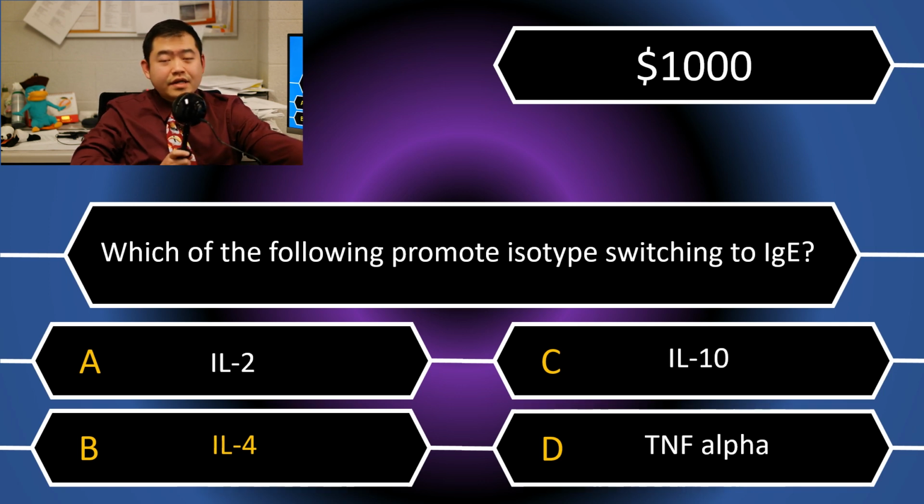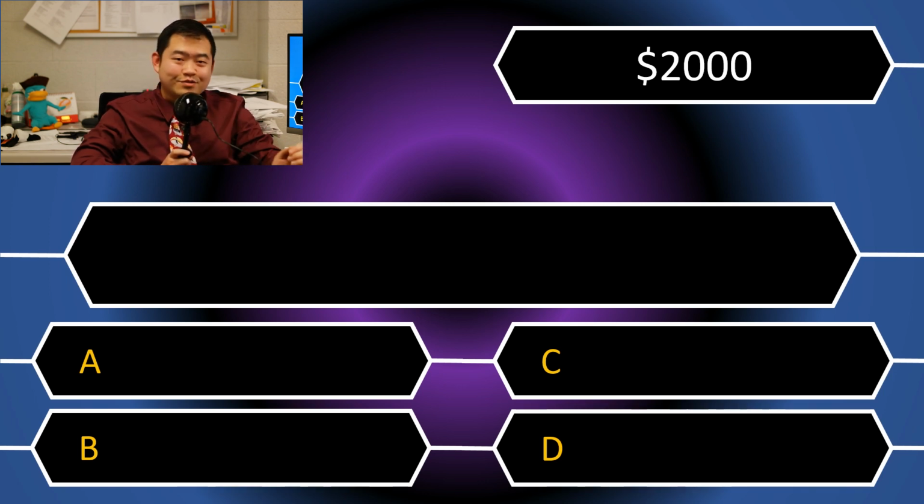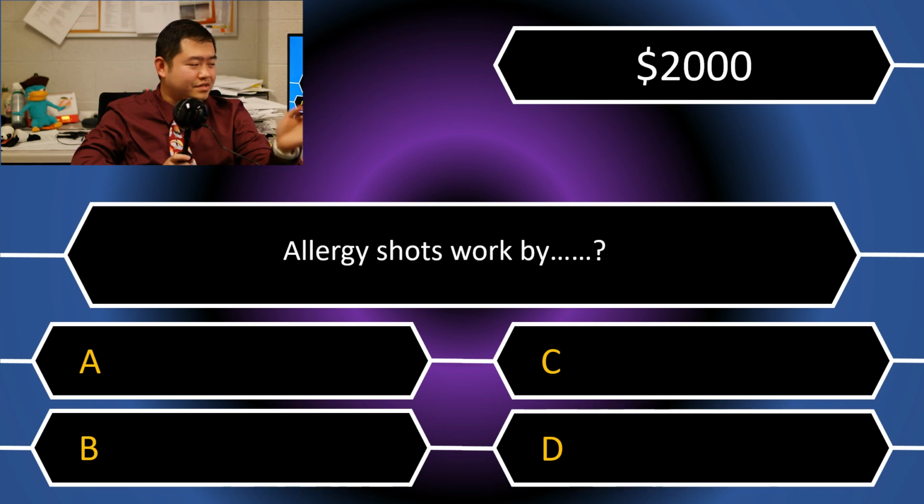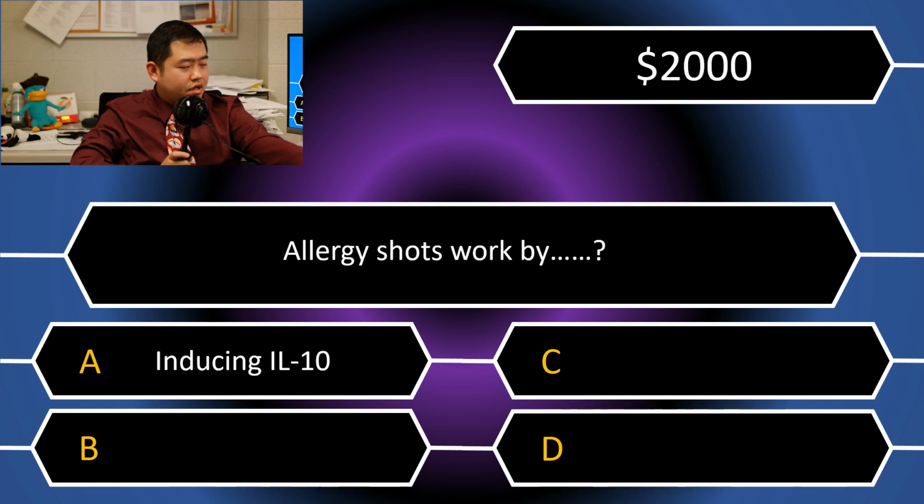Let's move on to the next level. That's the $2,000 question. It's getting high stakes. Is it going to be more difficult? Well, it could be, but these types of quick questions cannot be too difficult in my opinion. This one is asking you about allergy shots, which I went through in the last couple of minutes. How does it work?